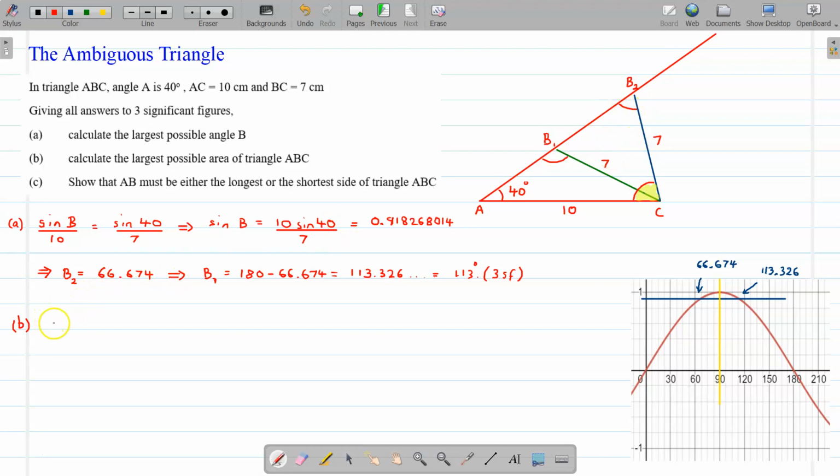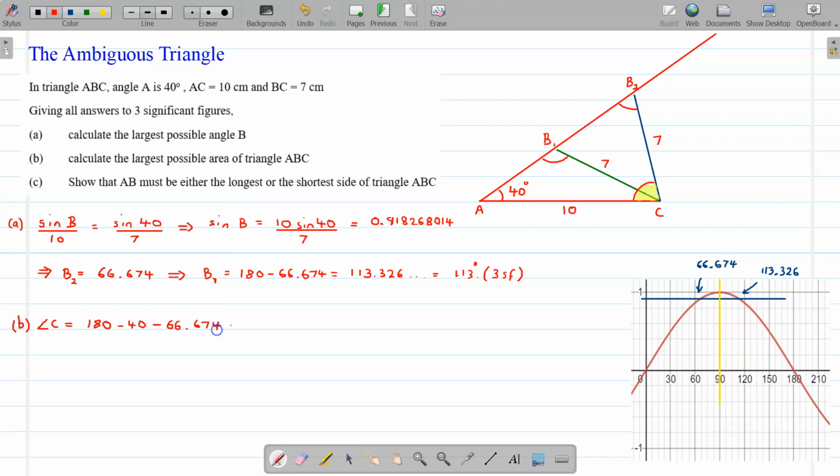So this angle C that I'm going to use in this question is going to equal 180, which is the angles in a triangle, take away 40, and it's going to be taking away the smaller angle that I had for B2. Now the smaller angle is the 66.674.